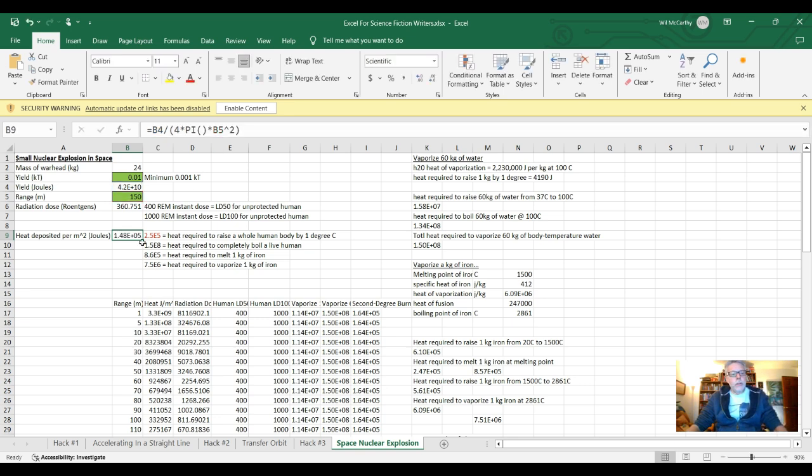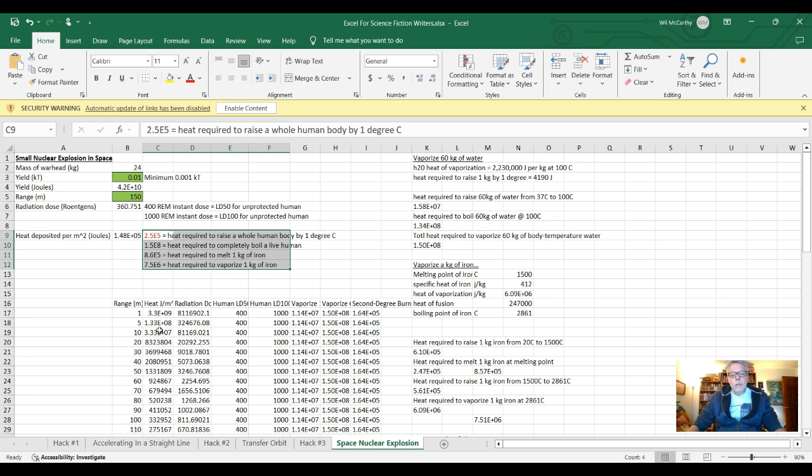And that tells us that at a range of 150 meters, we're delivering about 1.5 times 10 to the fifth, or about 100,000 joules. So I have some handy guides here telling us about different amounts of energy that are required to do different things.